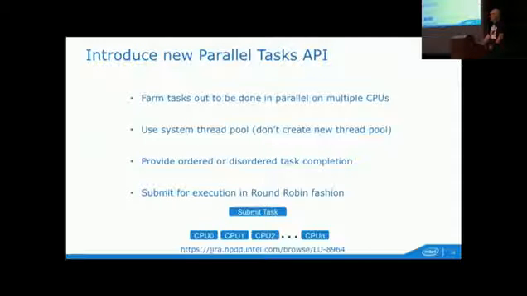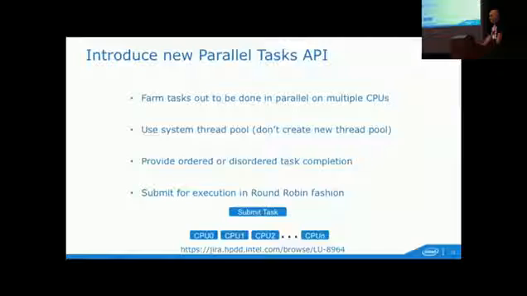For this purpose, I introduced a new parallel tasks API, which allows executing simple tasks in parallel on multiple CPUs. It uses a system thread pool instead of creating new ones, which we have a lot of in Lustre right now.